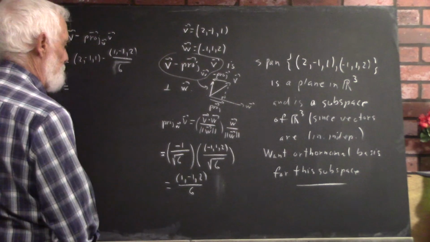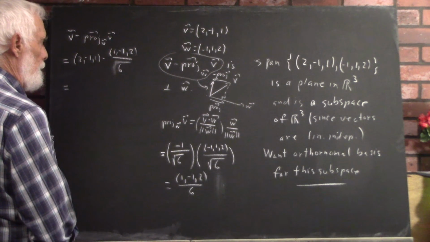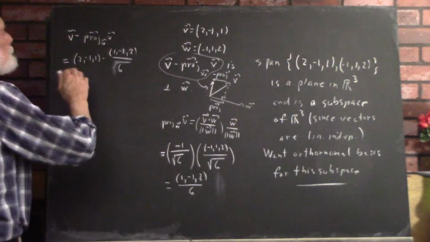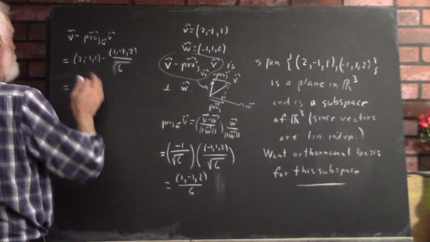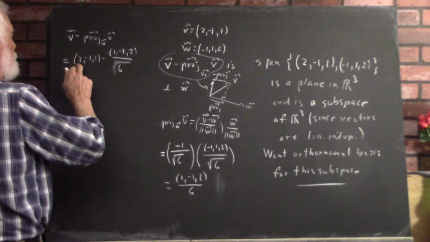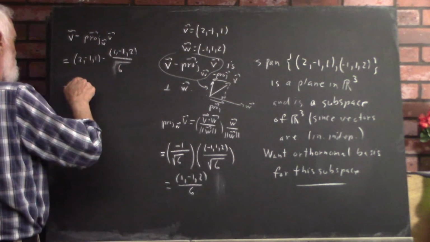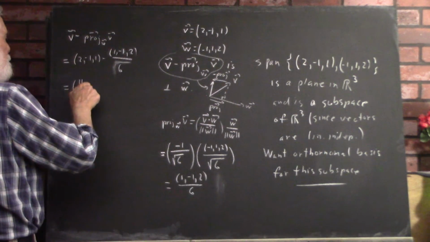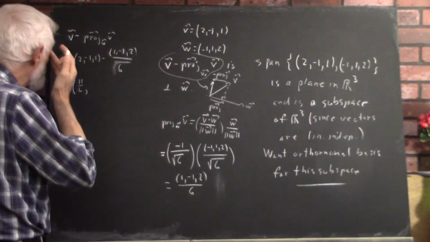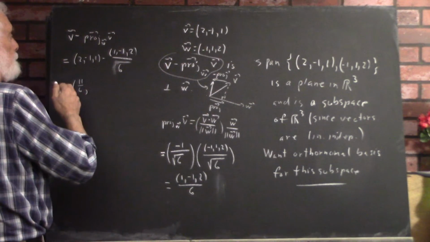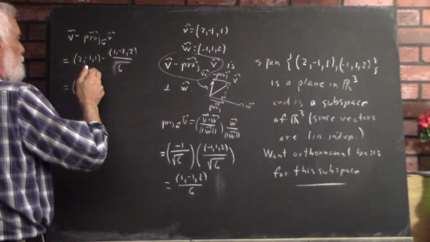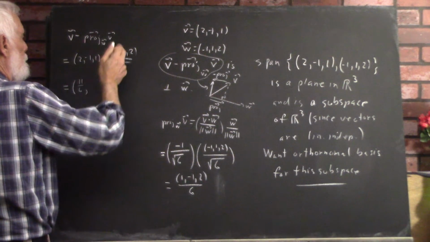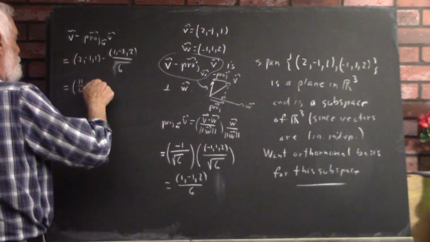Okay. Yeah, that's plausible. Just checking plausibility. Well, we subtract this. We're going to get 2 minus 1/6, which is 11/6. Minus 1 minus 1 over 6, which is minus 1 plus 1/6, which is 5/6.